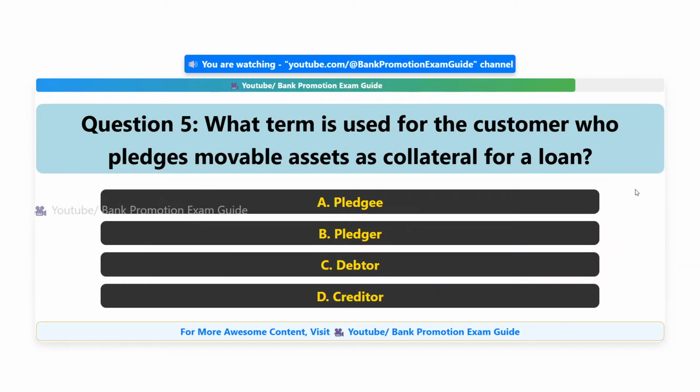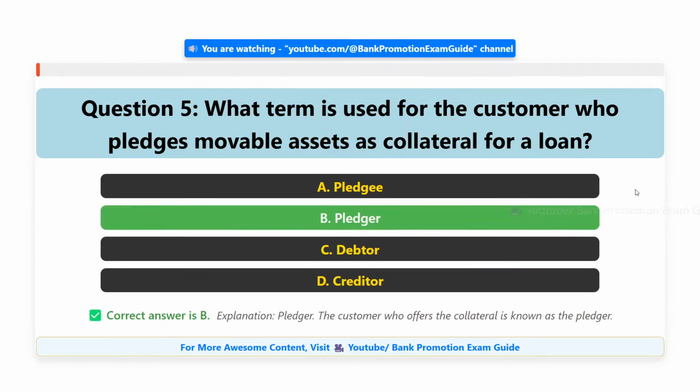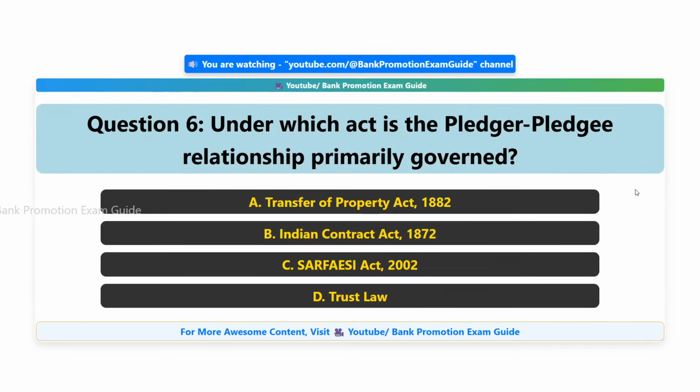Question 5. What term is used for the customer who pledges movable assets as collateral for a loan? Pledger. The customer who offers the collateral is known as the pledger. Question 6. Under which act is the Pledger-Pledgee relationship primarily governed?